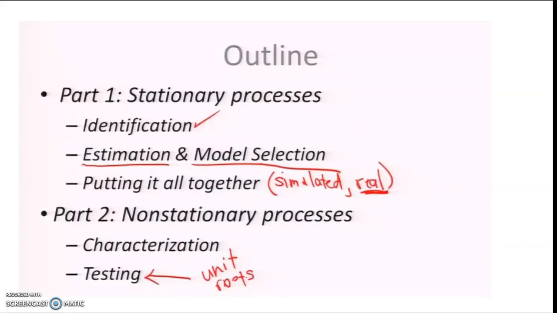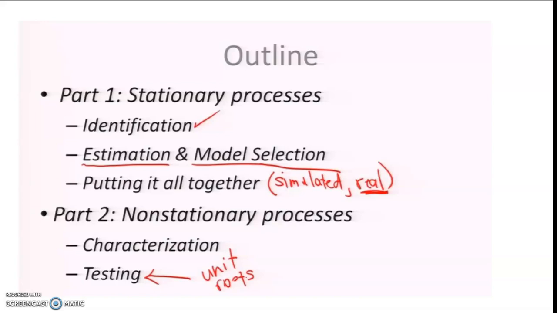So here is the outline, and we are discussing first the part on stationary processes. So we need to have identification, and we will discuss how to identify, and then we will estimate and select the best model, and later on we will put it all together.